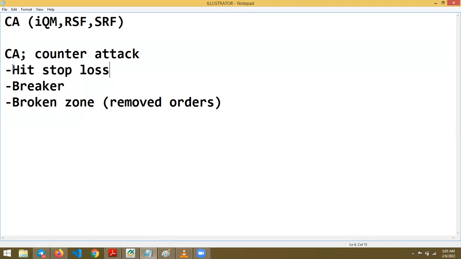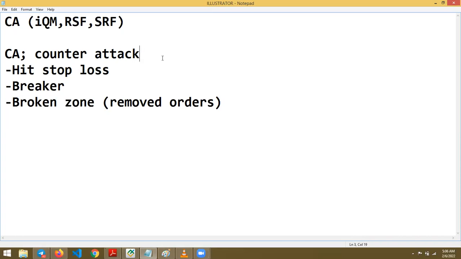So now when these 3 occurrences occur, at the back of your mind, you should consider what we call the counter attack. It's a very beautiful concept. It helps you change gears, because sometimes you can have a perfect setup, everything in place, but for whatever reason, the setup fails. So if the setup fails, then you can consider what we call the counter attack.